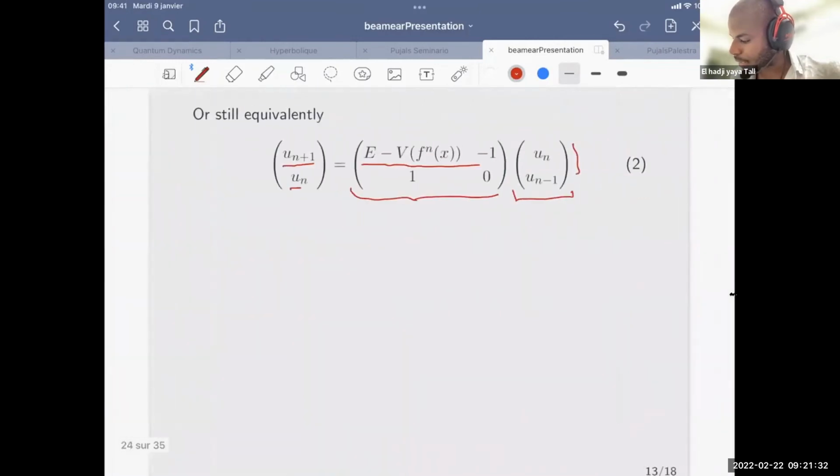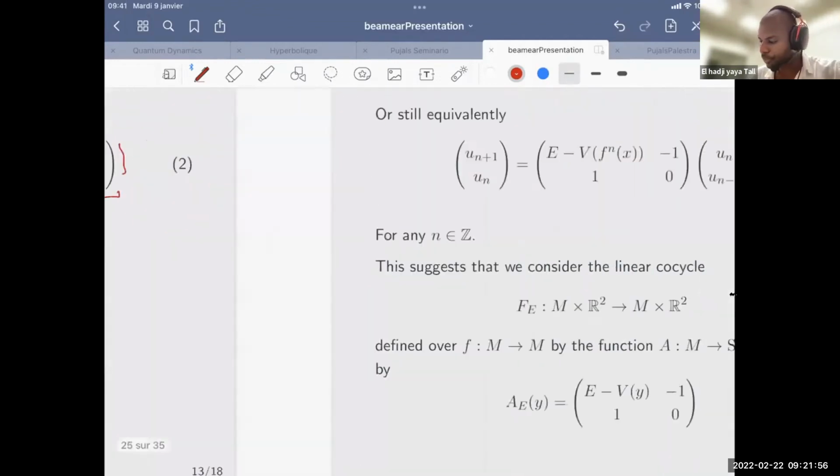And if you apply the second row to this column here, you get u_n equal u_n. So I didn't do anything. I just rewrite the previous equation. So this is very beautiful, because this means that if I have two consecutive terms of the sequence, I can get any other term using this matrix, right?